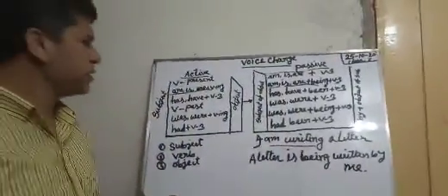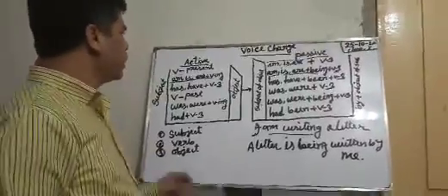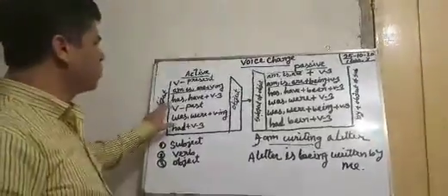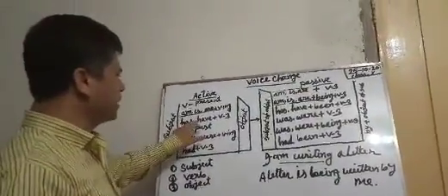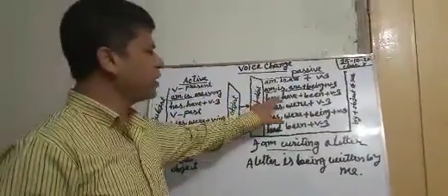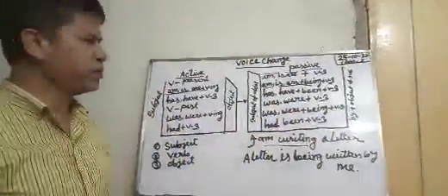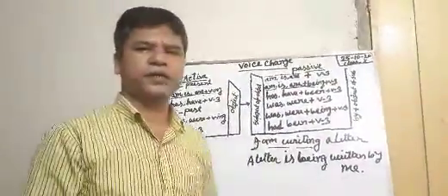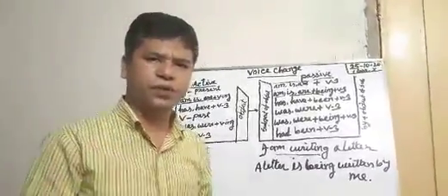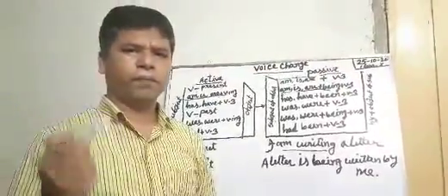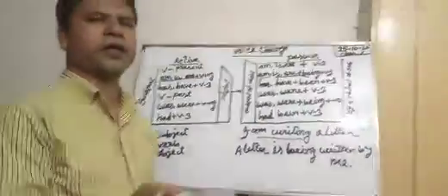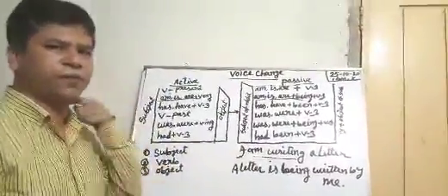Okay, my dear students, in this way you have to practice more and more to follow this rule. If there is any structure in the active voice, you have to follow this structure in the passive voice. At first you have to change the subject into its objective form, then you have to use the to be verb, then verb PP, that means past participle form of verb, then by, then the objective form of the subject.